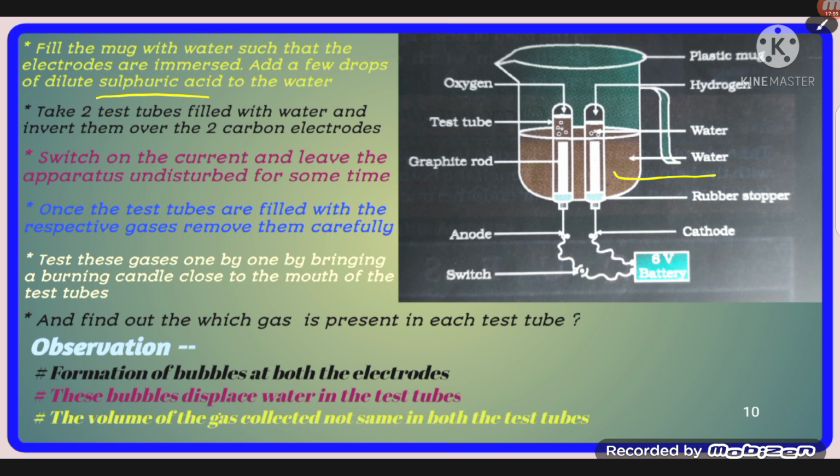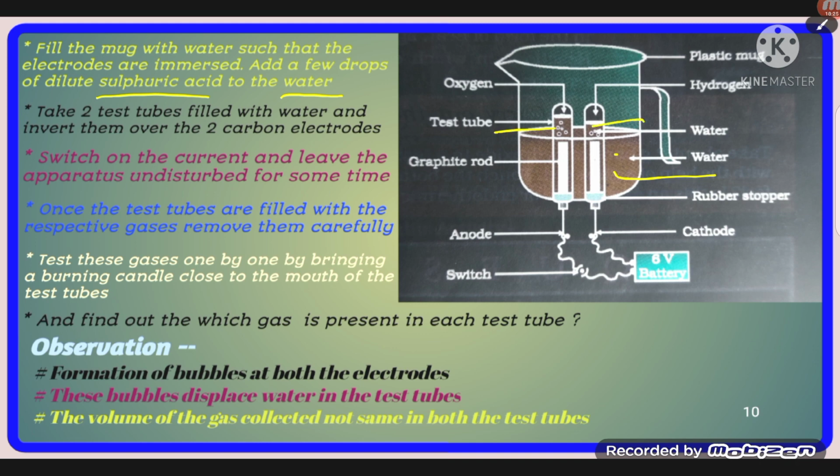Fill the mug with water such that the electrodes are immersed. Add a few drops of dilute sulfuric acid to the water. Take 2 test tubes filled with water and invert them over the 2 carbon electrodes.